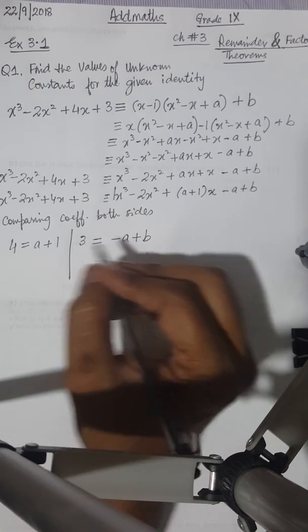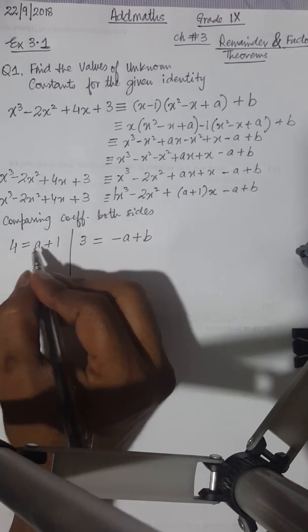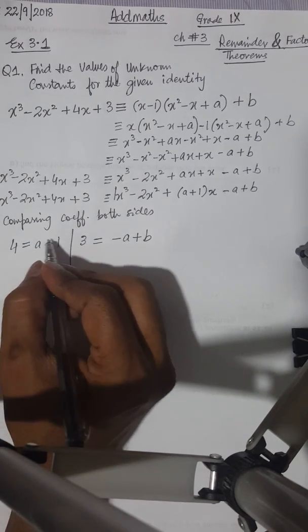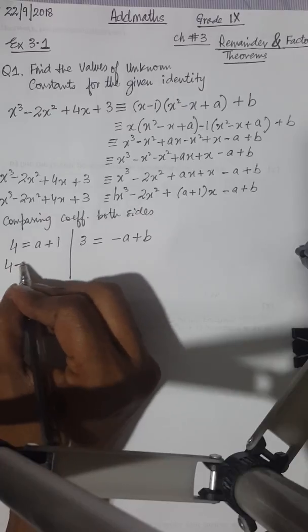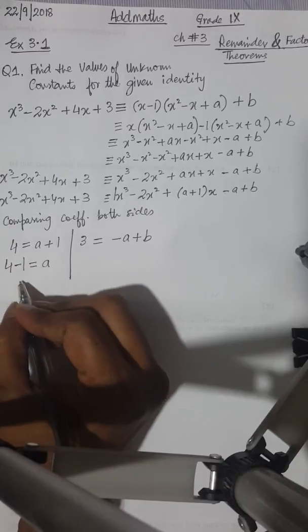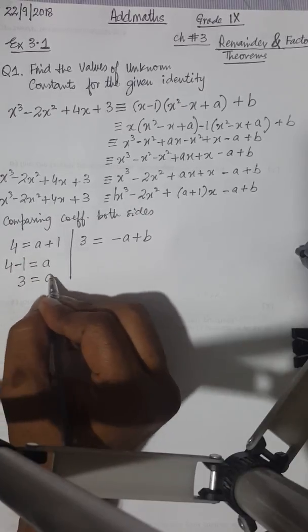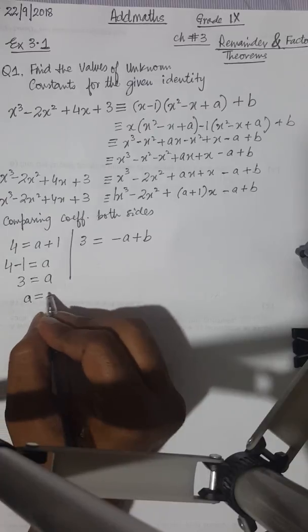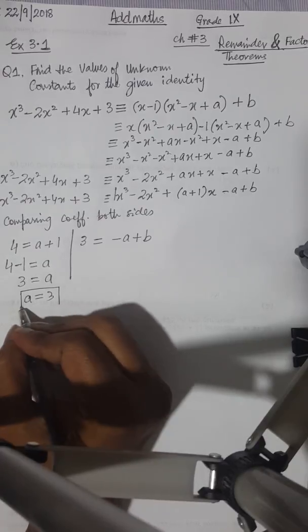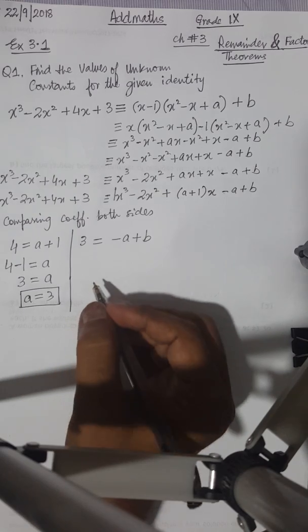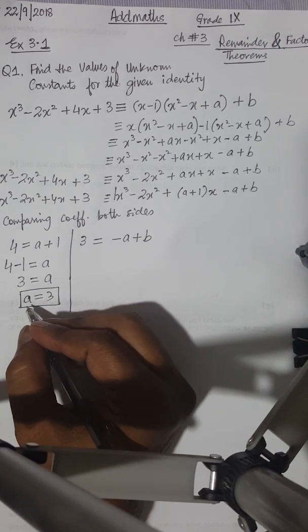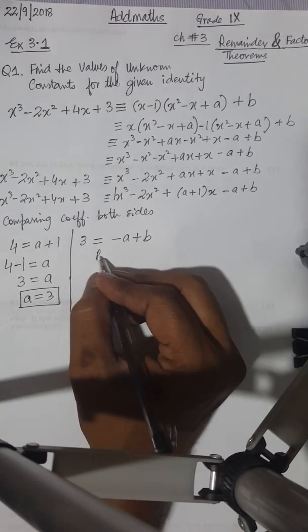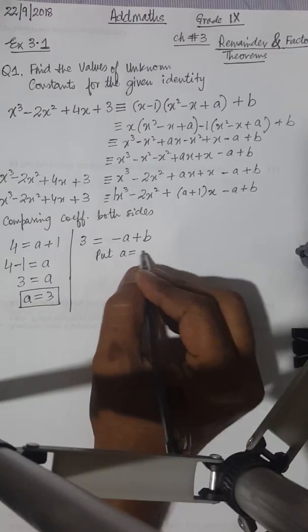Okay, now from this equation I can find out the value of a by bringing this 1 on this side. 4 minus 1 equals a, or 3 equals a, and I found the value of a as 3. Now we'll substitute this value of a in this equation. Put a equals 3.